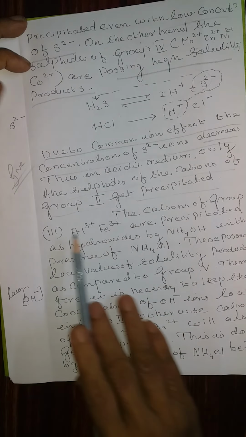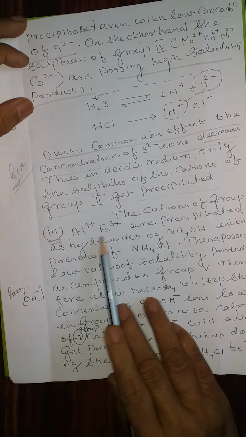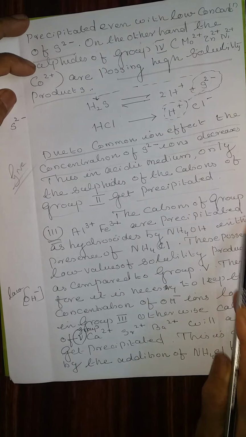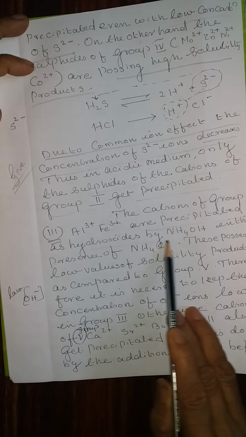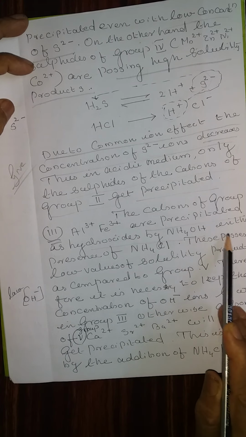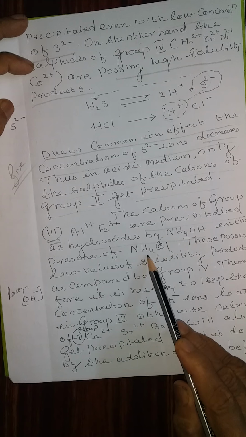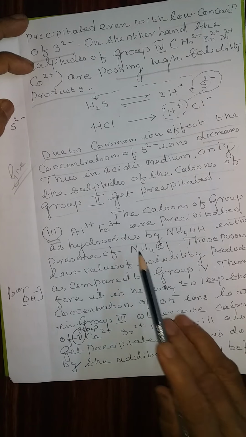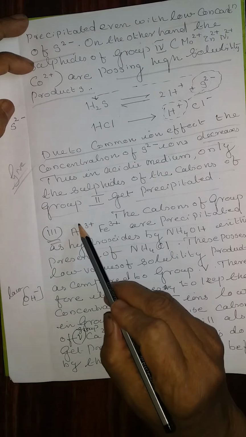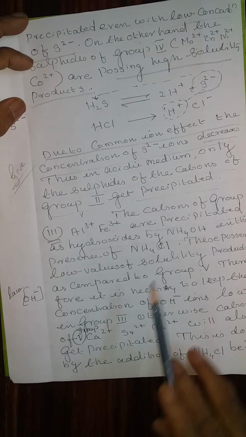The cations of group 3, that is aluminum, ferric, etc., are precipitated as hydroxides by NH4OH in the presence of ammonium chloride. Here also there is the common ion effect. In low concentration of OH-, group 3 will precipitate, but in higher concentration, group 5 would also be precipitated.